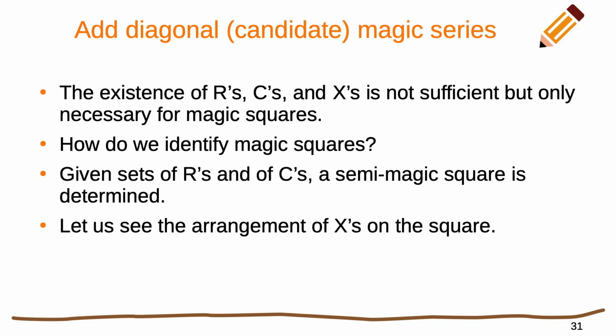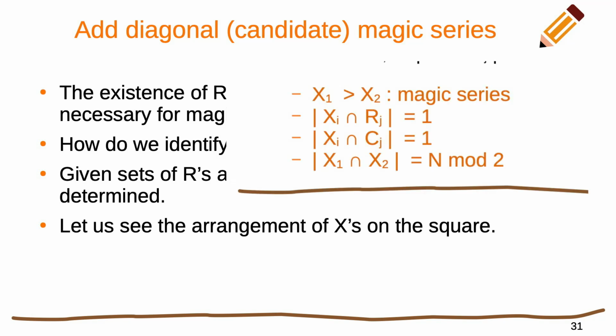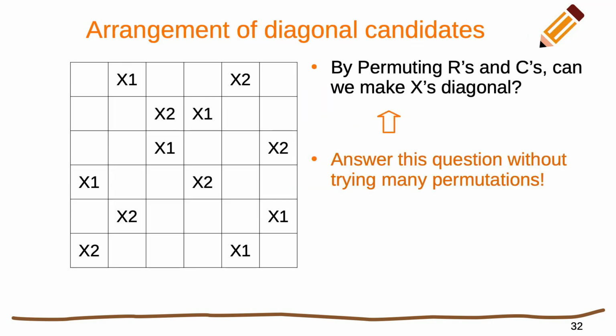Given a combination of row sets R's, column sets C's, and diagonal candidates X's, we cannot yet be sure that any magic square exists. However, the row sets and column sets define a fixed semi-magic square, and the elements of x1 and x2 can be placed into the square unambiguously according to their intersection with the rows and columns.